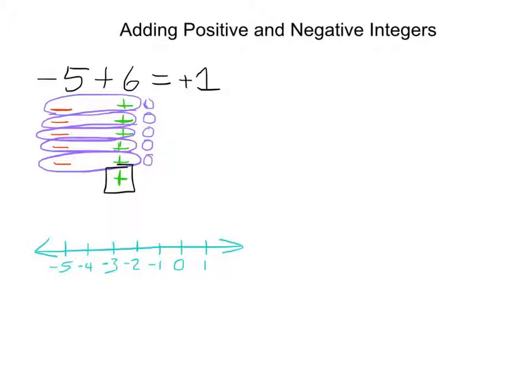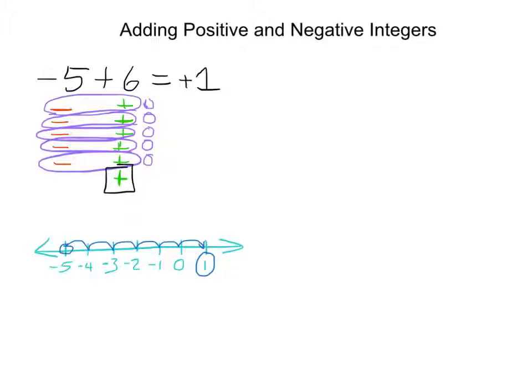So just like before, we're going to start at negative 5 because that's the first value that we had in our problem. So here's negative 5, and it says to add 6. Now remember, when you add a positive number, because 6 is positive, we move to the right. So I need to move 6 spaces to the right. And when I do that, I end up on an answer of positive 1, okay, which is exactly what we got in our first problem.